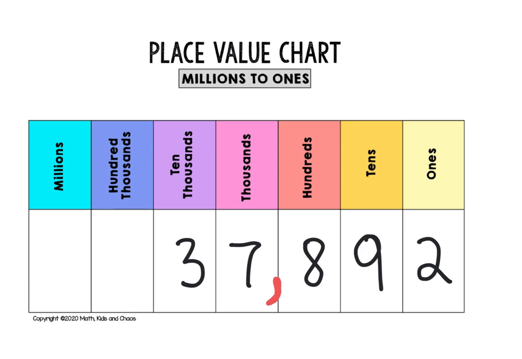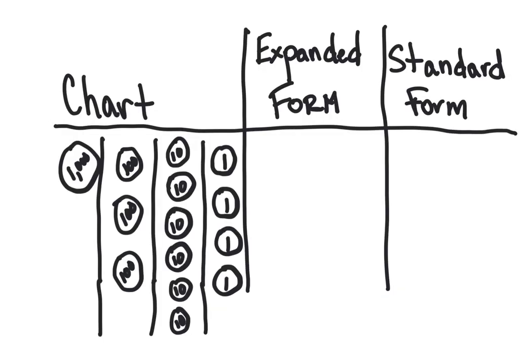How would we read this? We would read this as 37,892. We're leaving the thousands and entering the ones period, so we have to say 37,892.